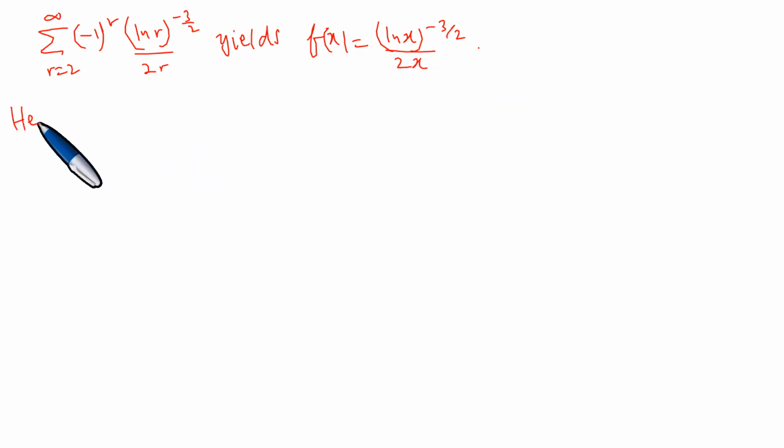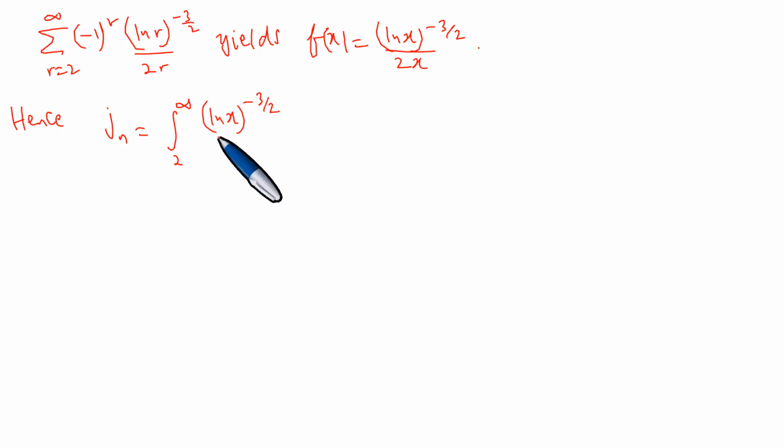Hence, we have J_n equals the integral from 2 to infinity of ln x to the minus 3 over 2 divided by 2x dx.